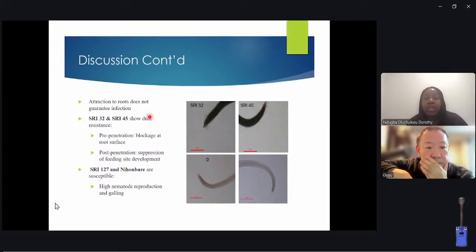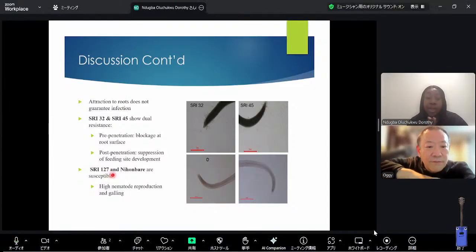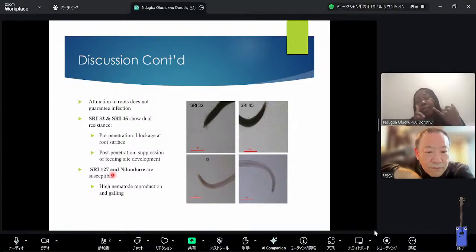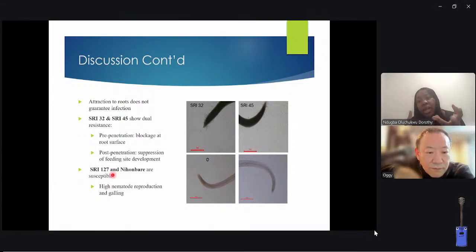So 32 and 45 show what we call dual resistance. Firstly, pre-penetration, which was a blockage at the root surface, and also post-penetration, they were able to suppress nematode feeding site development. While SRI 127 and Nihonbare are susceptible because high nematode reproduction and galling was seen both from the use of the transfer paper pouch and the attraction assay.